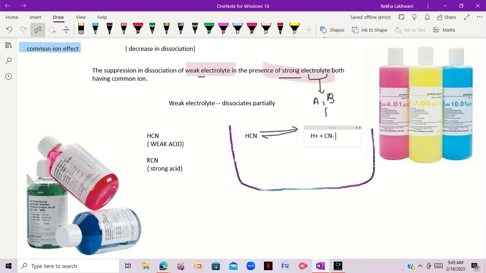Now we have potassium cyanide, right? And there will be 100% dissociation, right? Let me make an arrow over here.